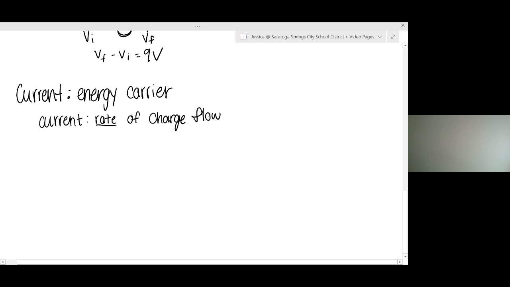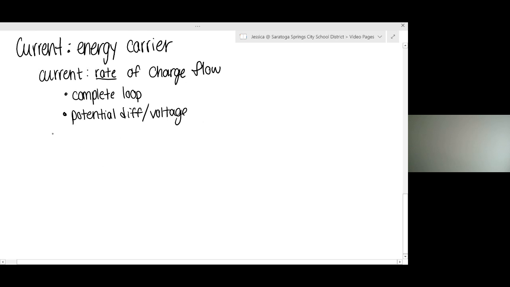And in order for there to be a current, we need two things. We need a complete loop for the current to flow through, and we need a potential difference, or a voltage. So we need some type of energy source to push that current along.